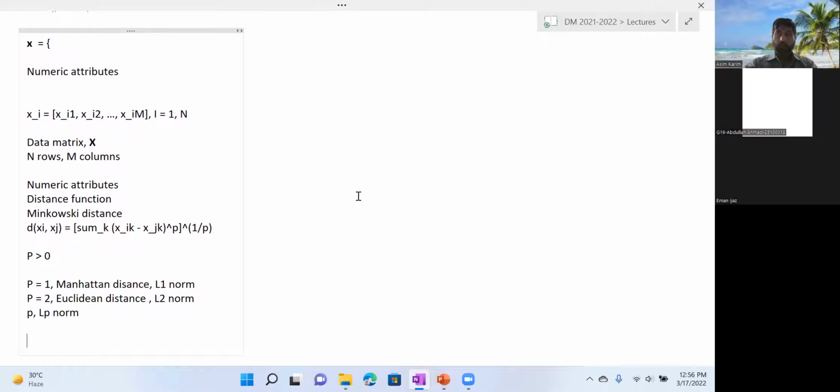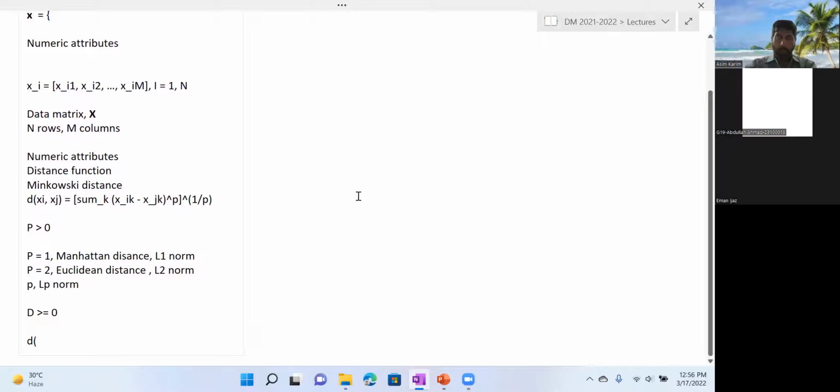So the Minkowski distance would always give you a value d which is greater than or equal to 0. And it would be 0 only when the two objects are the same. So d(xi, xi) would be equal to 0.